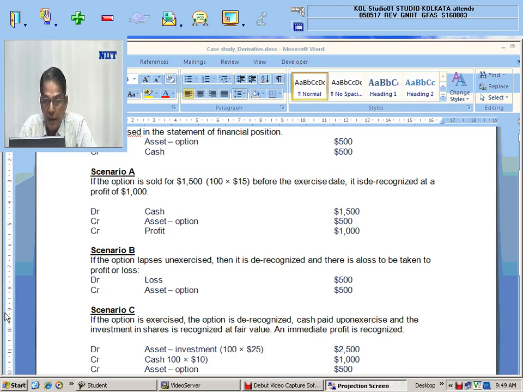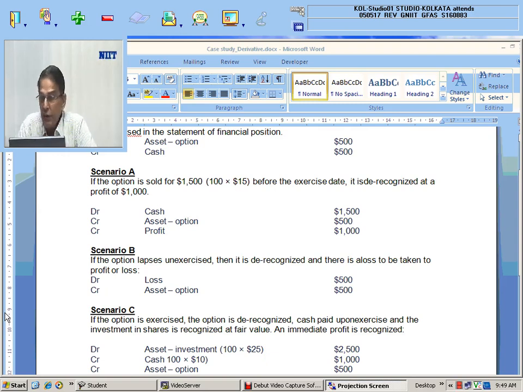So we will debit. The investment made is for 2,500, actual payment is 1,000. Now ABPLC by exercising the option gets 100 shares of CDPLC. For that they have to pay 1,000, but the fair value of that investment is 2,500.